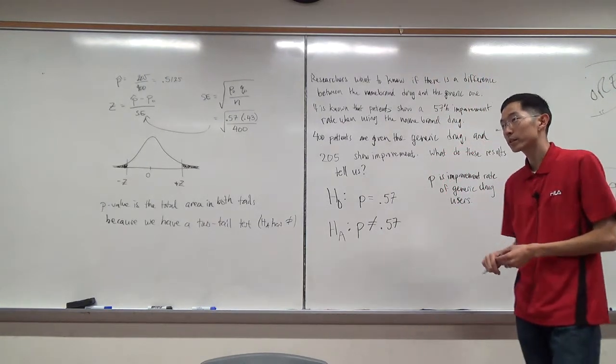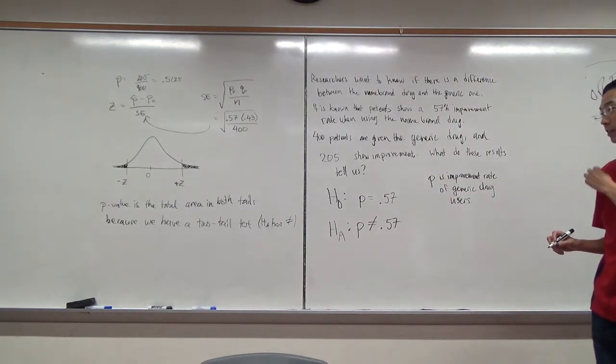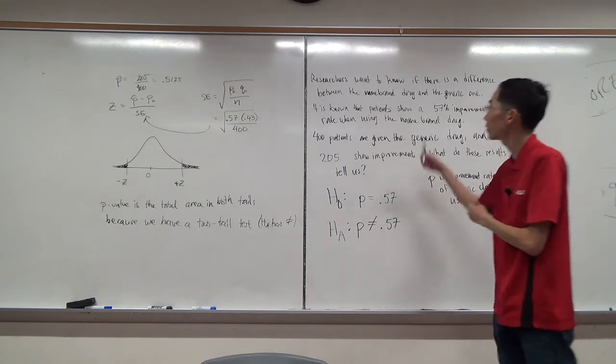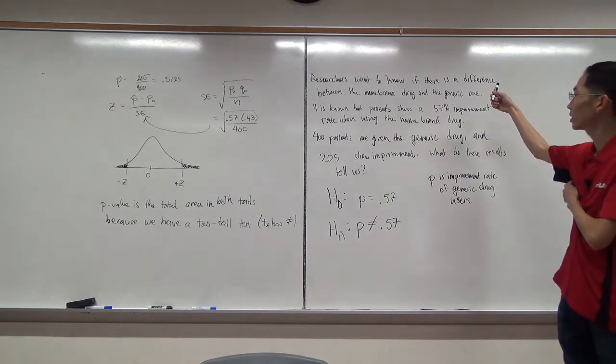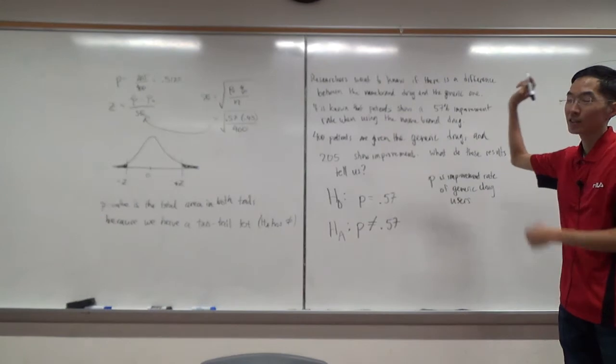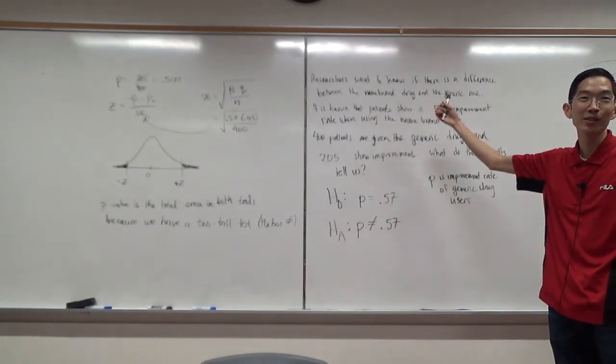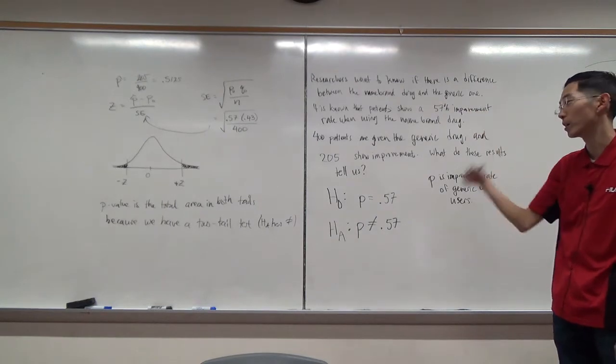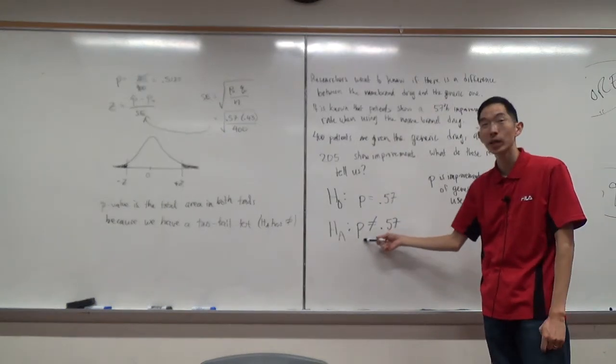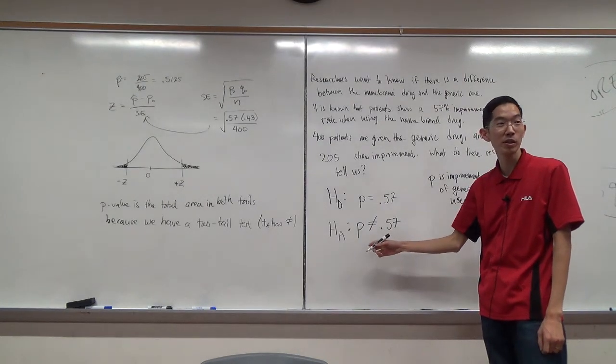than? Okay, so when it's greater than or less than, if it says researchers want to know, let's say, if the generic drug is more effective than the name brand, or generic is less effective than the name brand, that will affect how your alternative hypothesis is written, okay?